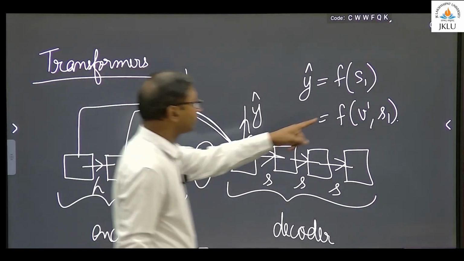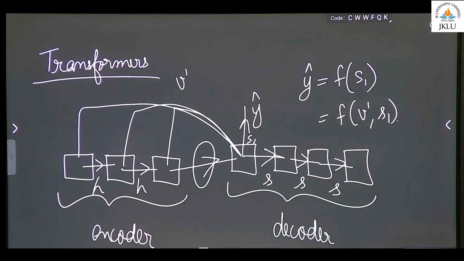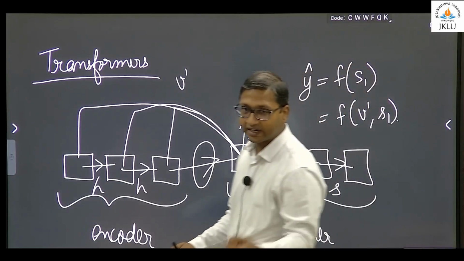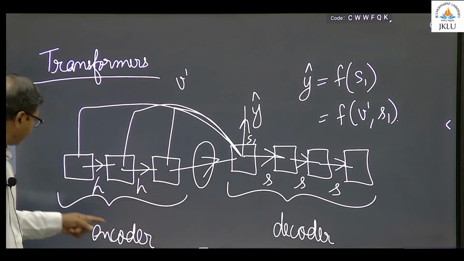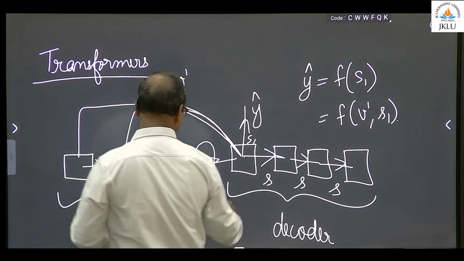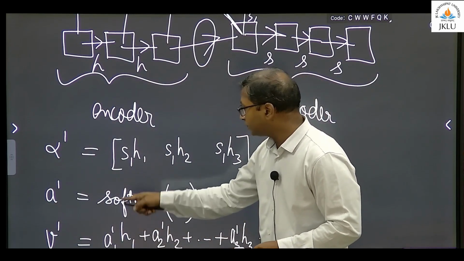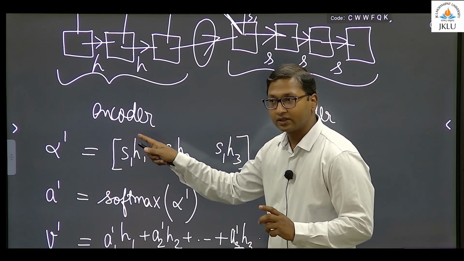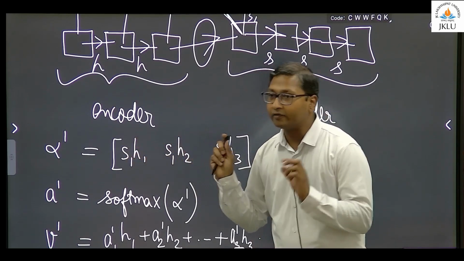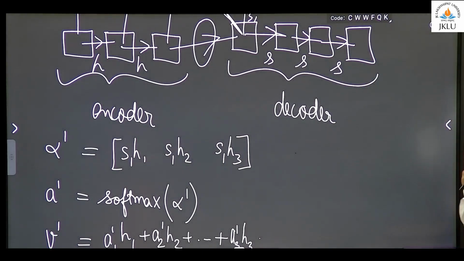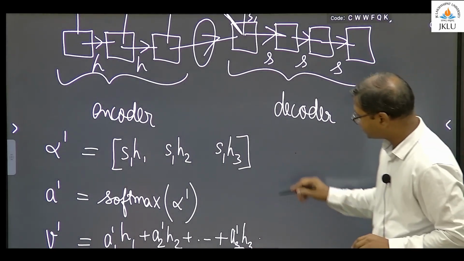What will be the dimensions of V1? Same as H and S, right, because if you see, V is nothing but a linear combination of H's. H's are being taken dot product with S's, so they all have to have the same dimensions, okay.